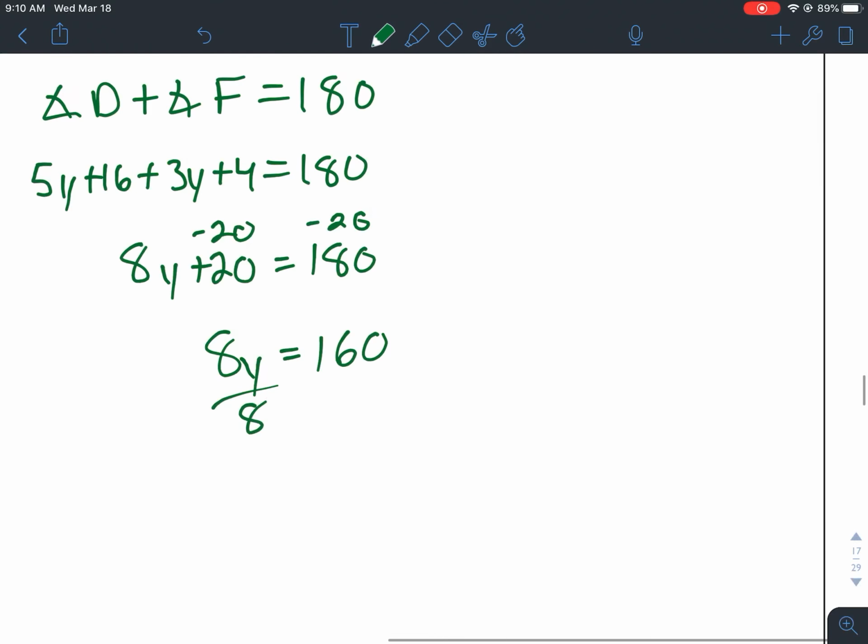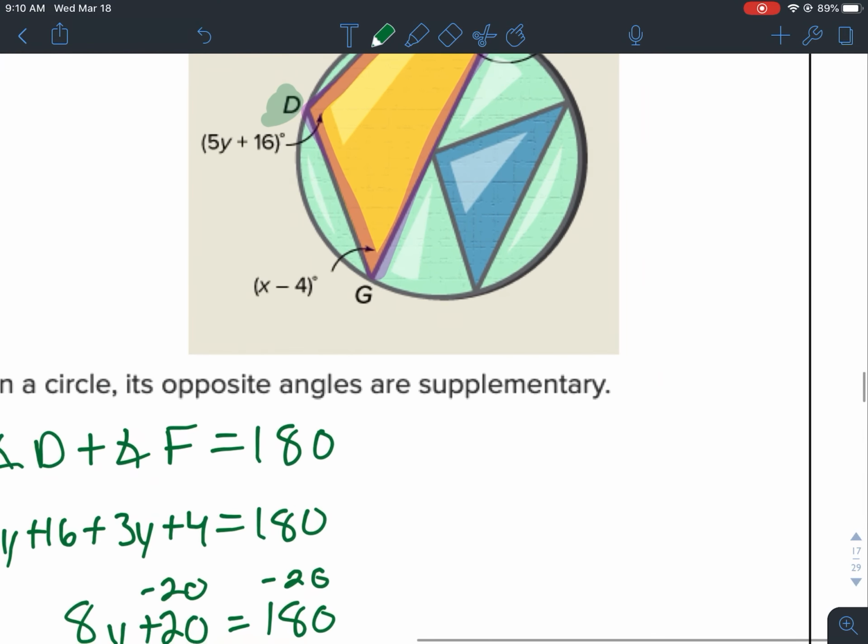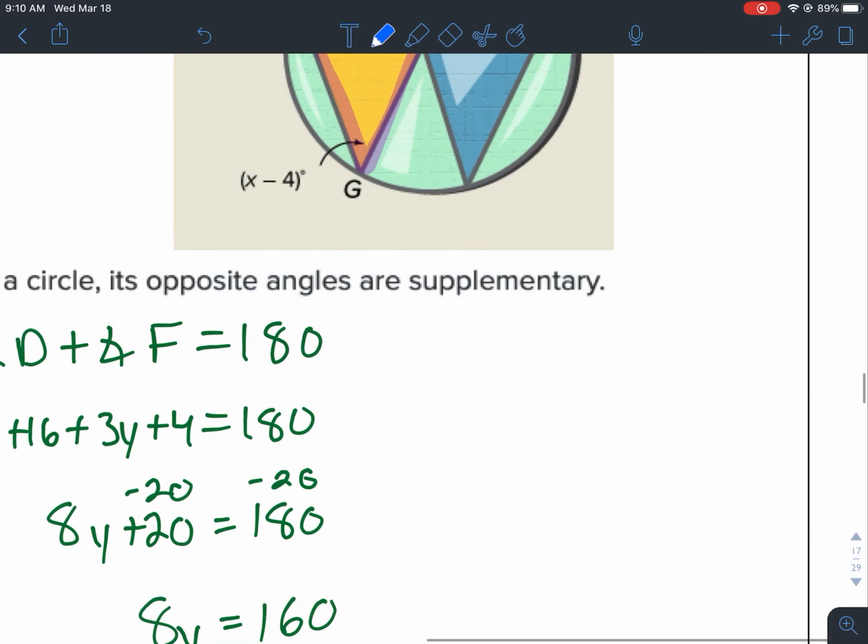Get y equals 20. Again, that doesn't answer the question. We have to find out what angle F is. So angle F is 3y plus 4. And we know that y is 20, so it ends up being 60 plus 4. So measure of angle F is 64 degrees.